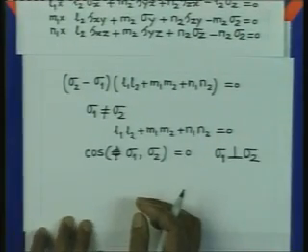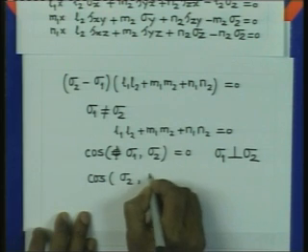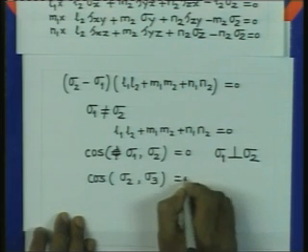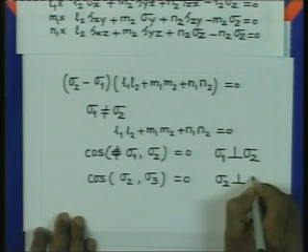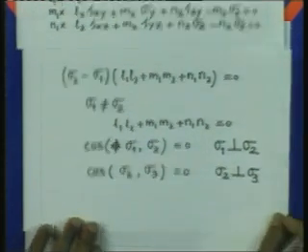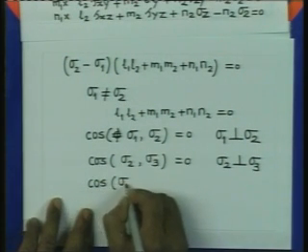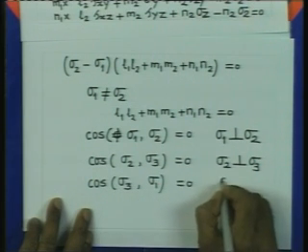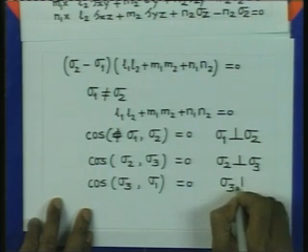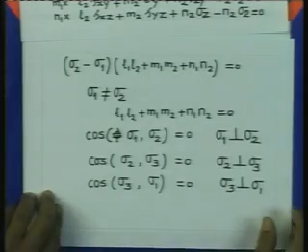By a similar approach, you can again show that the cosine of the angle between the directions sigma 2 and sigma 3 is equal to 0. Therefore, sigma 2 is orthogonal to sigma 3, and again the cosine of the angle between the directions sigma 3 and sigma 1 is equal to 0, and therefore, sigma 3 is orthogonal to sigma 1. Thus, the three directions are mutually orthogonal.